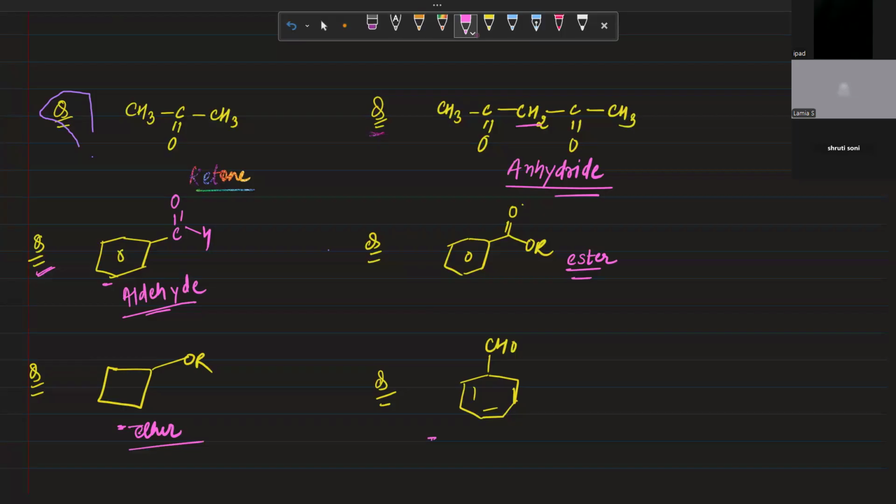No, NaBH4 is a reducing agent. We don't need a reducing agent at the start of the reaction, no? Sorry, hydroboration is a process. I'm asking about the first step, hydroboration.